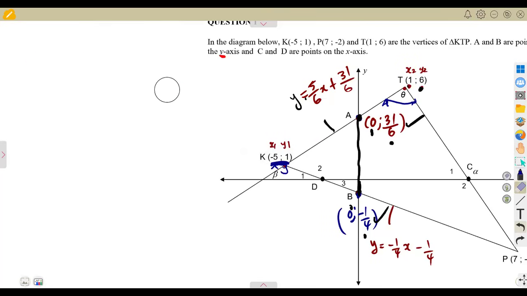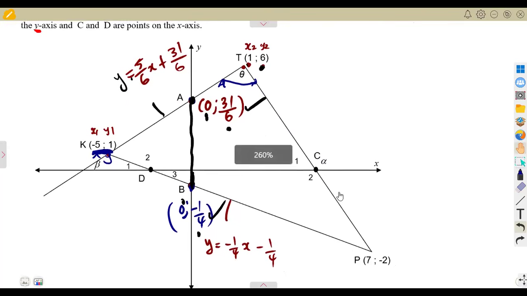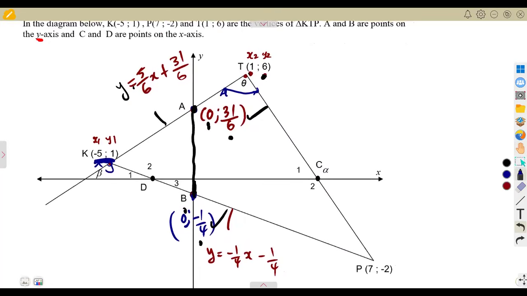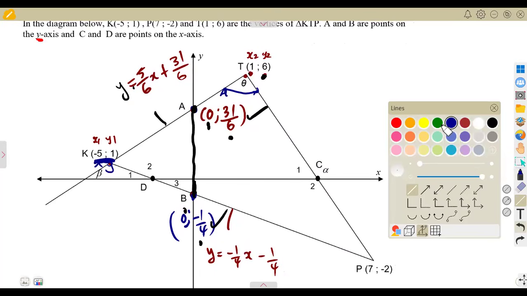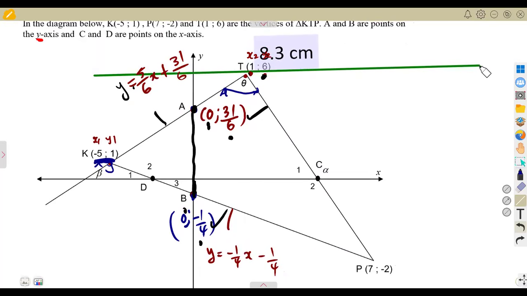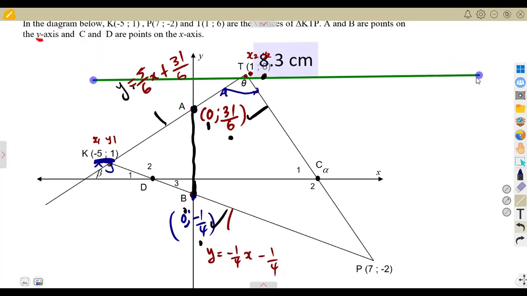I say that if a horizontal line is being drawn, because you consider the x-axis as a horizontal line, so if we were to consider point T and draw a horizontal line at point T, using the same concept that we have on our x-axis, we have a horizontal line being drawn at T.